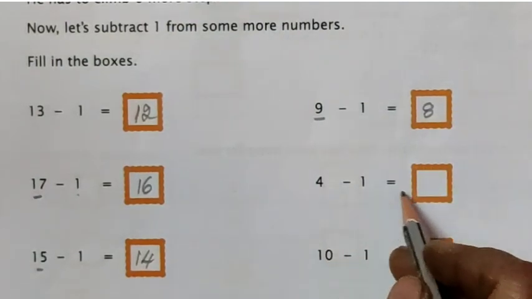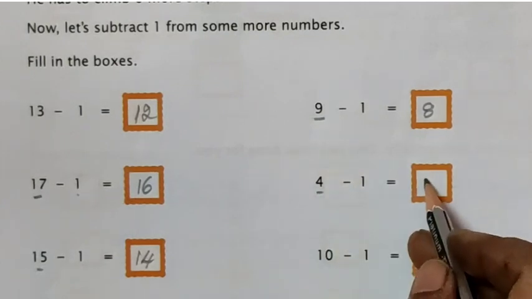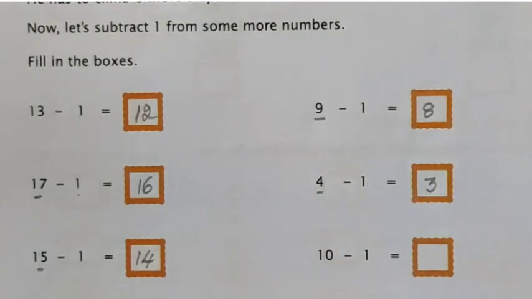Next, 4 minus 1. What is the before number of 4, children? It is 3. 10 minus 1. What is the before number of 10? See here, the minus sign is there. The before number of 10 is 9.